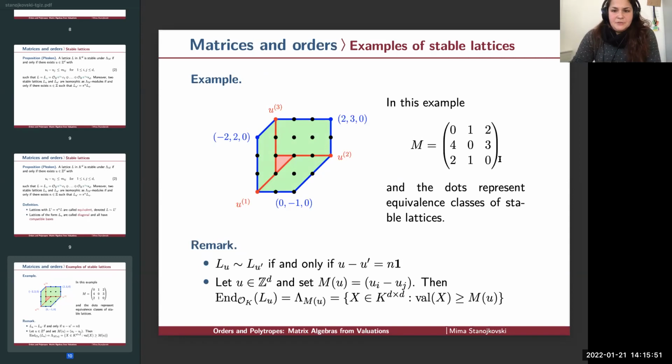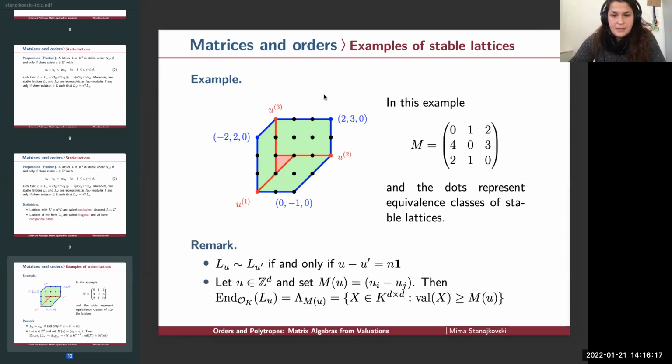So here is a matrix M that defines a ring. You can check that those triangular inequalities that I gave you at the beginning are satisfied. And all of the dots in this figure represent equivalence classes of stable lattices. What do I mean by this?